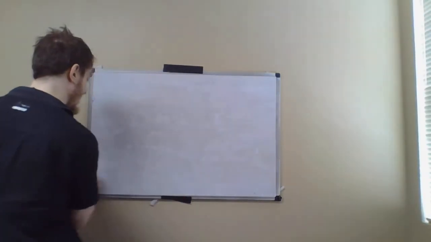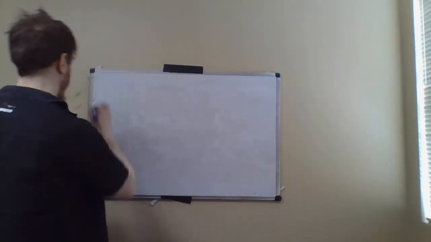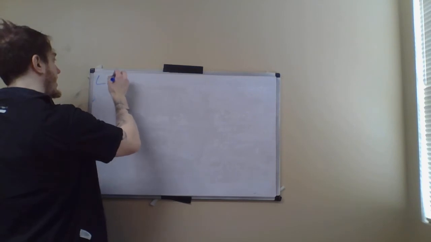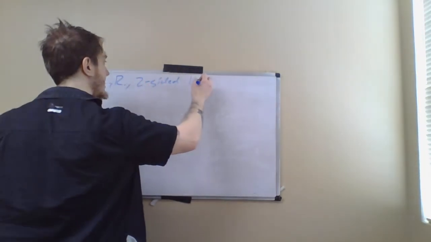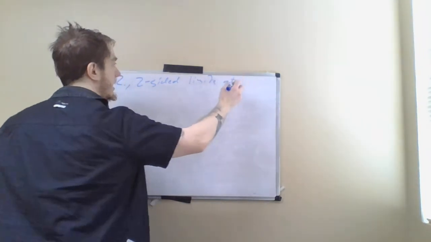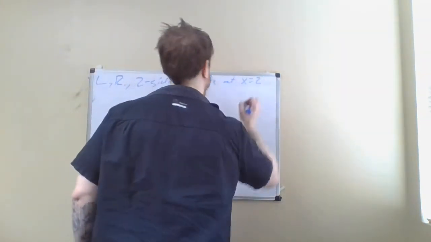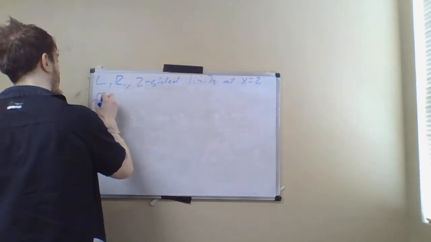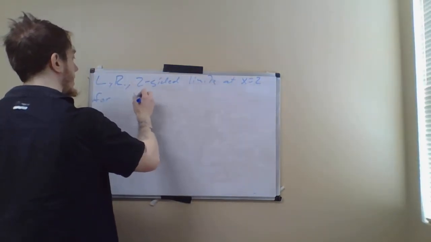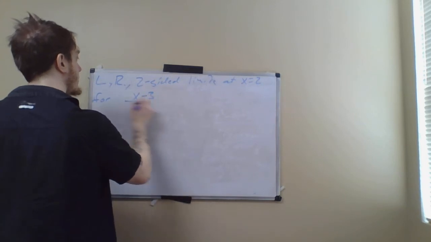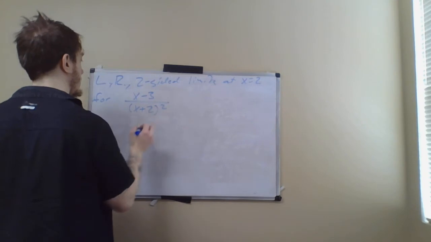Let's look at the left, right, and two-sided limits at x equals 2 for x minus 3 divided by x minus 2 squared.